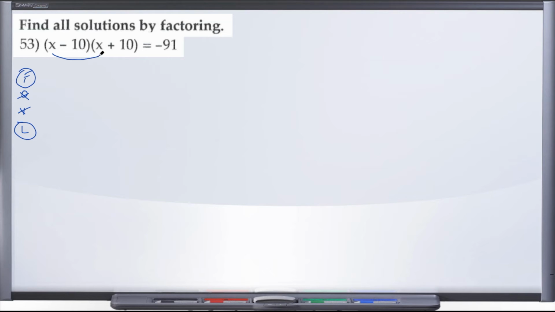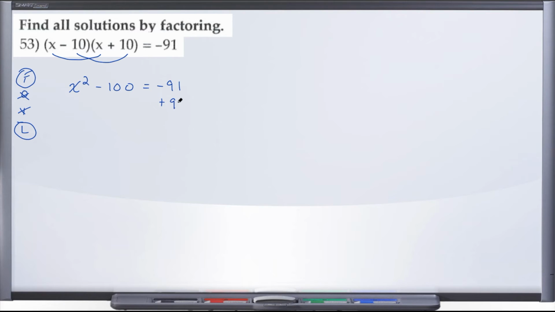So we're going to do our first to our first and our last to our last. So x times x, we have x squared, and negative 10 times 10 gives us minus 100, and now equals negative 91. And now let's go ahead and move all of our terms to the left-hand side and set this equation equal to 0 so that we can factor and solve.